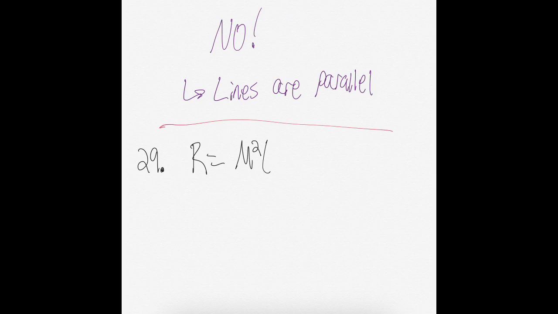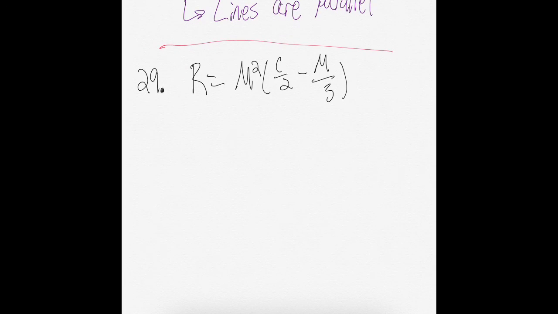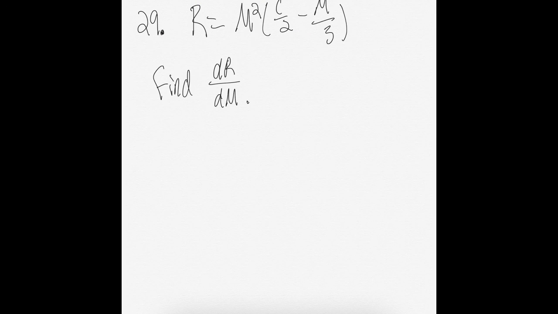So we're going to be given the function r equals m squared times c over 2 minus m over 3. Okay, so we're given this function, and we are told to find dr dm. Okay, now this is important right here. This is the key that I wanted to talk about.